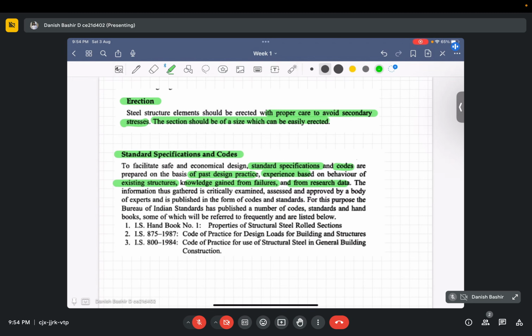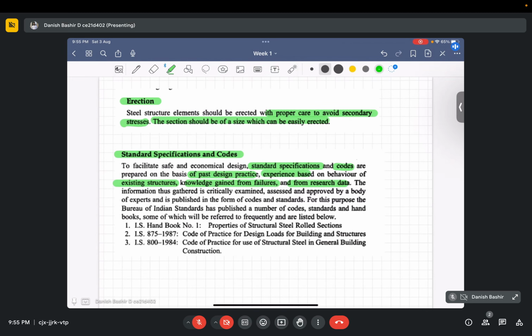So you got the idea from where these design codes and standard specifications come from. These actually are from the experience of past design practice, or based on the behavior of existing structures, or the knowledge gained from failures, the structures that have fallen down, or from existing research data, or the research that is going on.